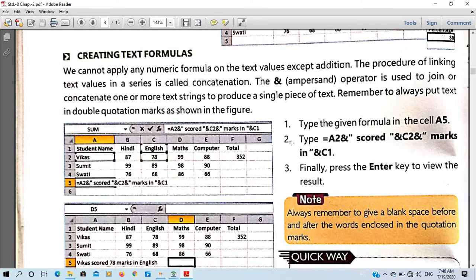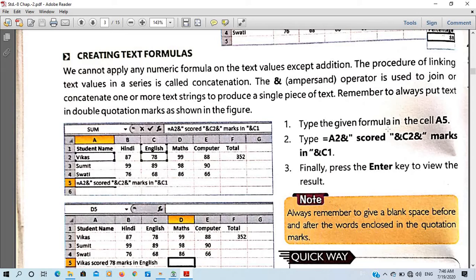Okay. Second step is type equal to A2. A2 is here, you can see. Then ampersand. This is a concatenation operator, or combination operator. So ampersand, and then "scored".